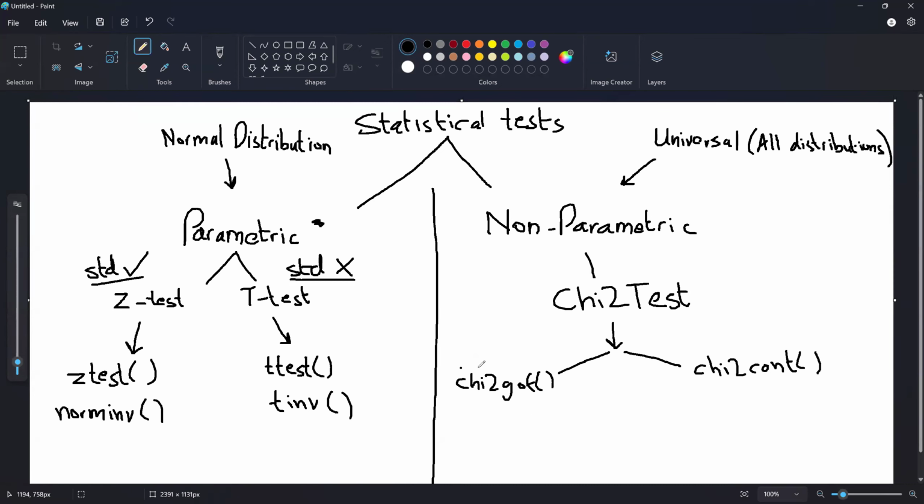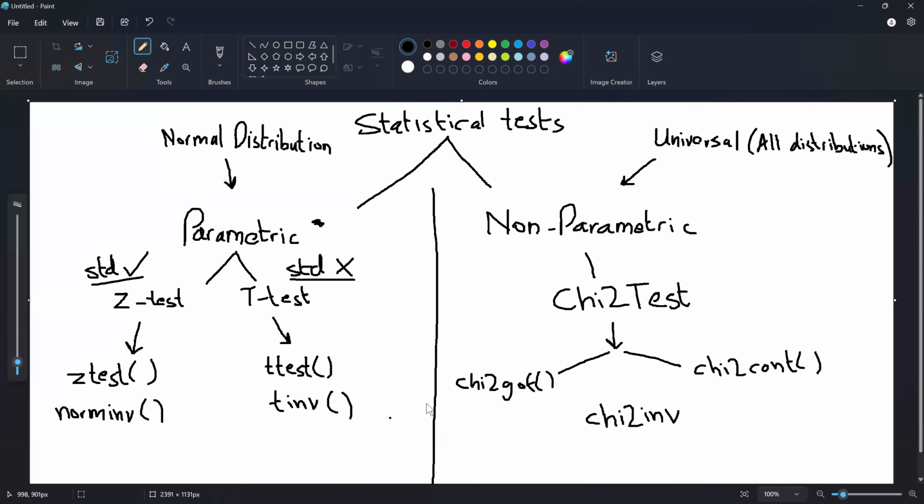So this stands for chi-squared goodness of fit test, and this stands for chi-squared contingency table. For both of them, to find the critical value, you use G2 inverse. That's it. These are the three functions you need for the chi-square test.